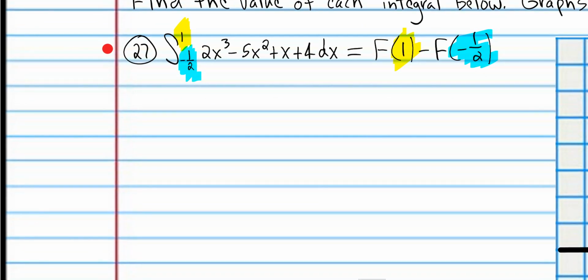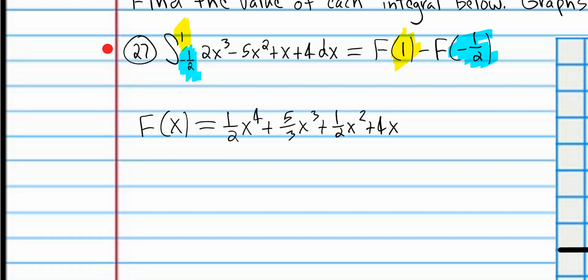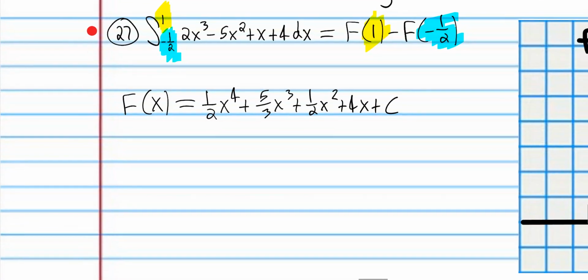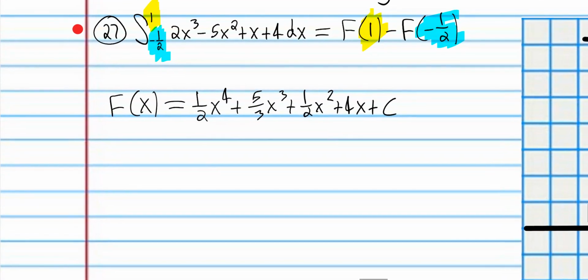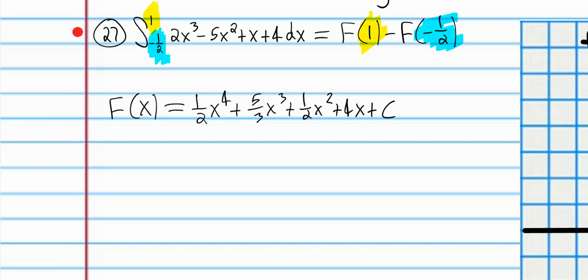Okay, so the first thing we need to do is find the antiderivative function, and that's going to be 1/2 x to the 4th plus 5/3 x cubed plus 1/2 x squared plus 4x plus c. Now, remember the c values, they always cancel out.